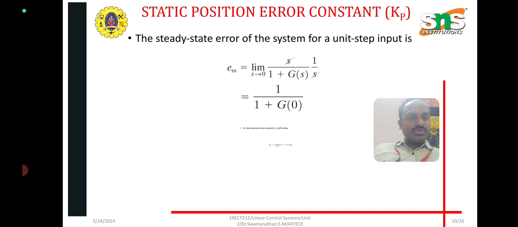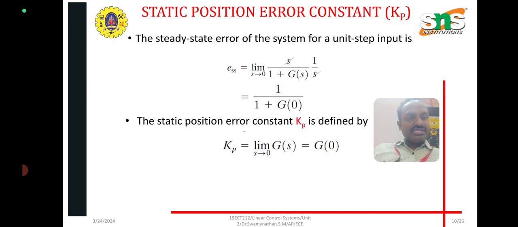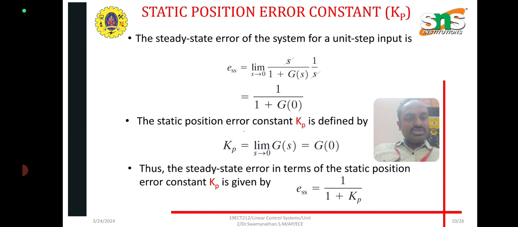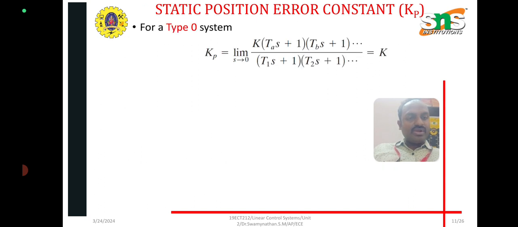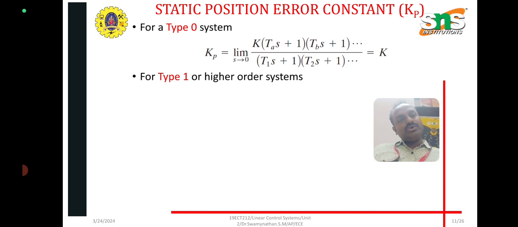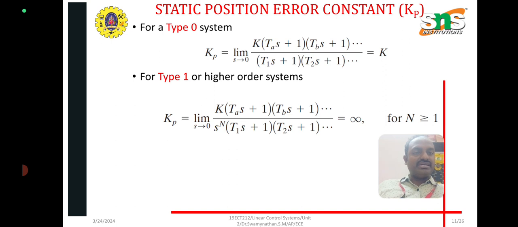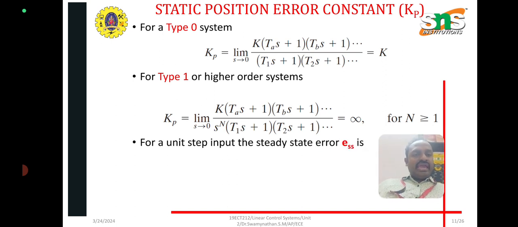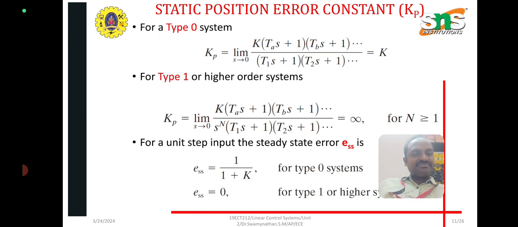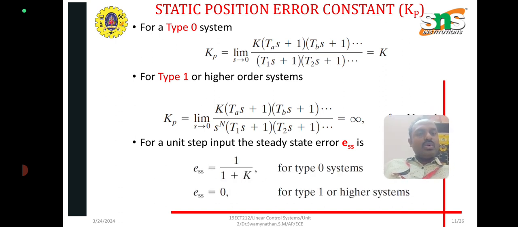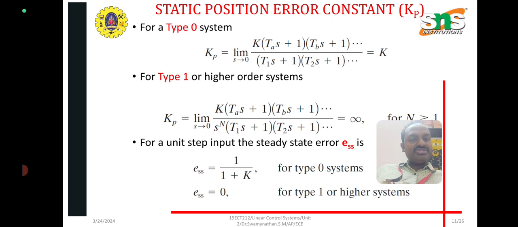The static position error constant Kp is the limit as S tends to 0 of G of S, so the error is 1 divided by 1 plus Kp. The Kp value defines the steady state error ESS, and ESS equals 1 by 1 plus K for a type 0 system.